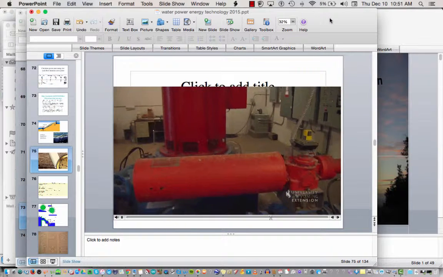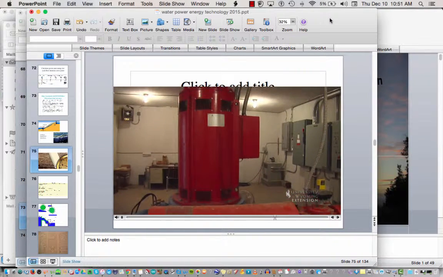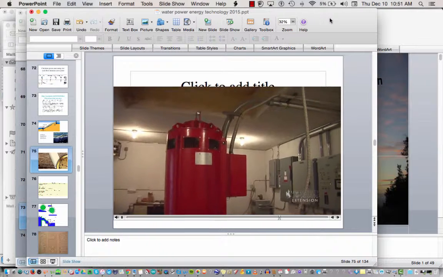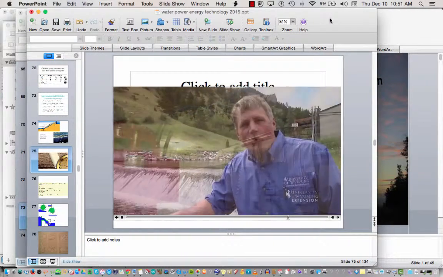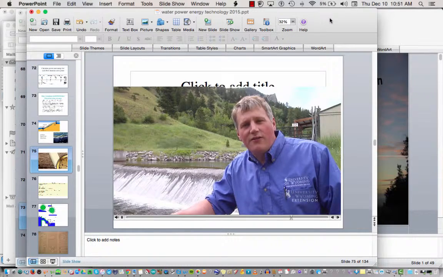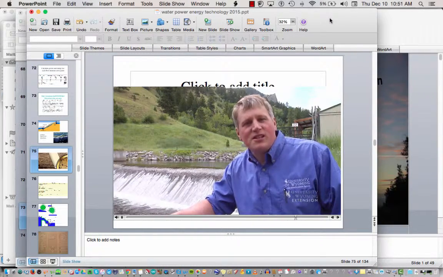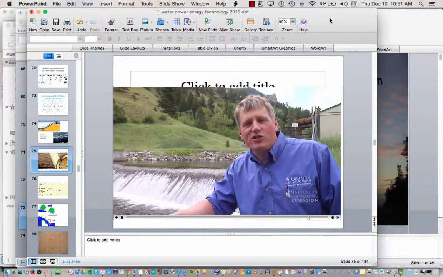New small hydroelectric systems are being considered at places where water infrastructure already exists, meaning no new dams. Wyoming's working waters can do more than just provide a cold drink or irrigate alfalfa. Many can also produce a significant amount of electricity. From the University of Wyoming Extension, I'm Milton Geiger, exploring the nature of Wyoming.